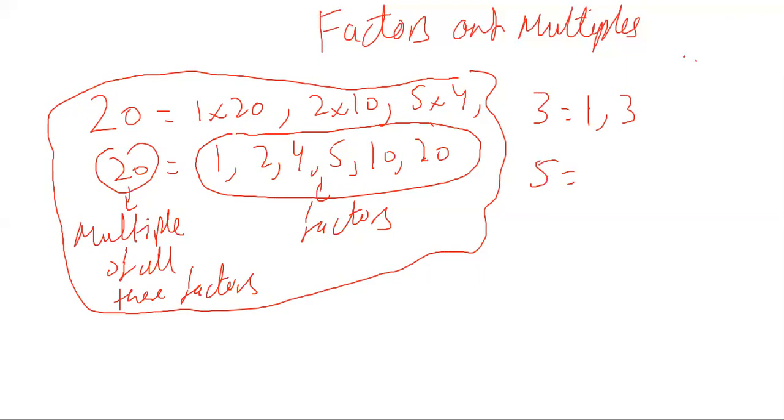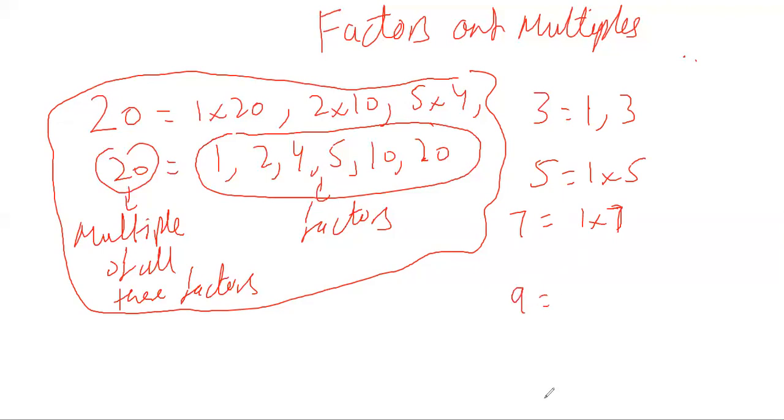What about factors of 5? 5 can be 1 into 5. 7 is 1 into 7. Right? Okay. What about 9?